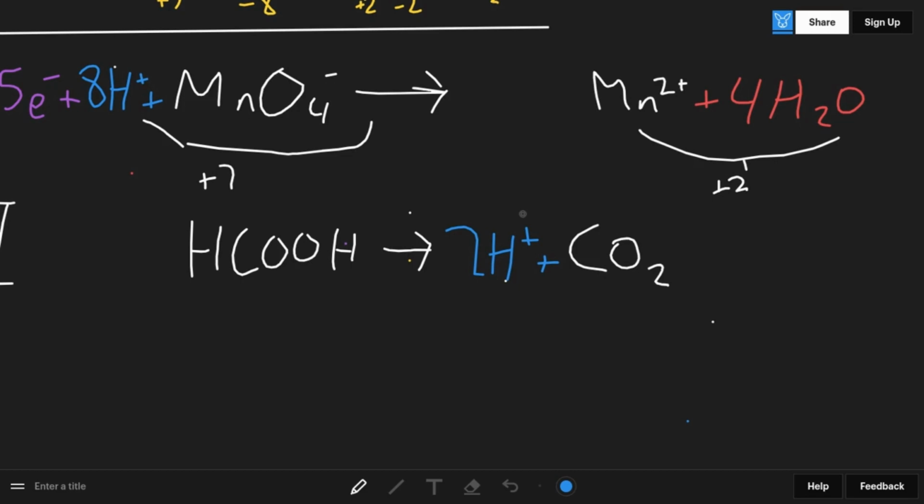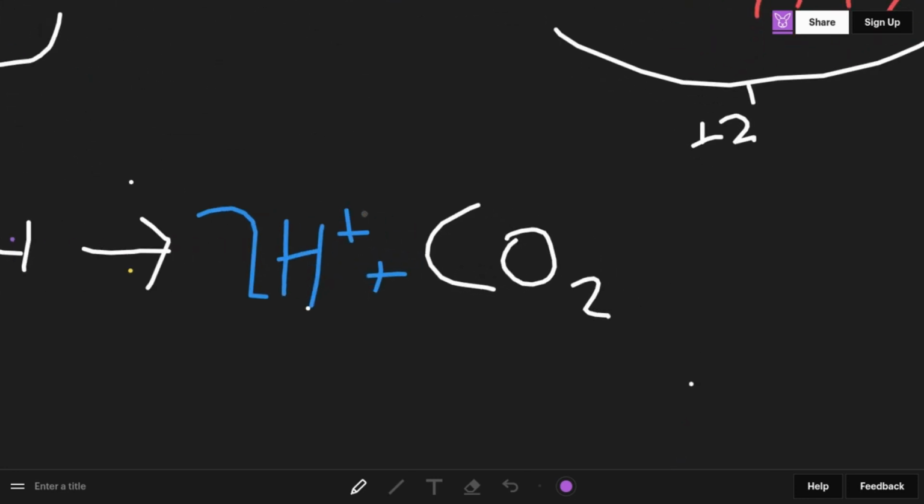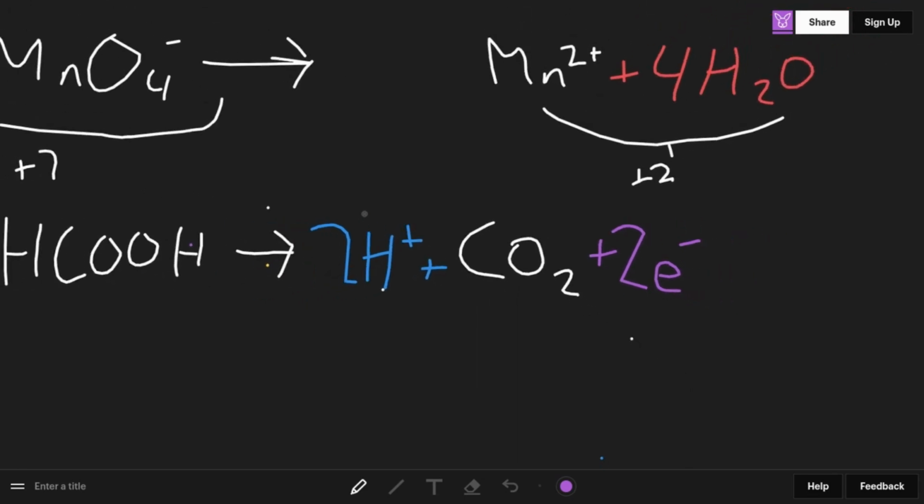Now we're gonna balance the charges with electrons, which we did in the purple. Right now we have a charge of 2 on the product side, 0 on the reactant side. We want to bring this down to 0, so we're gonna add 2 electrons over here.